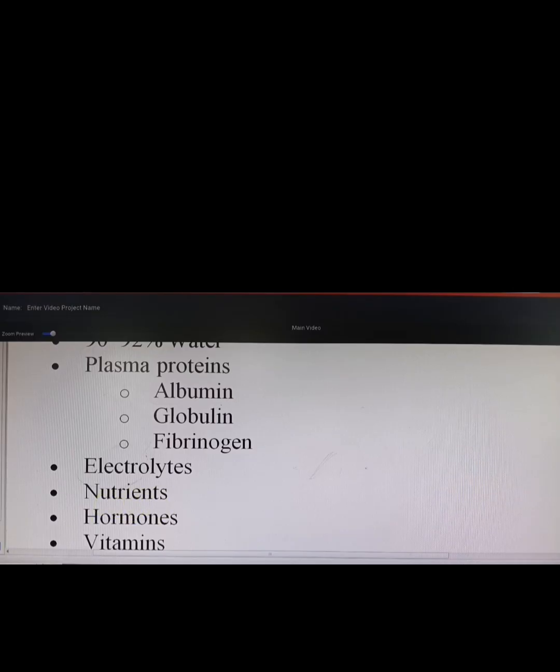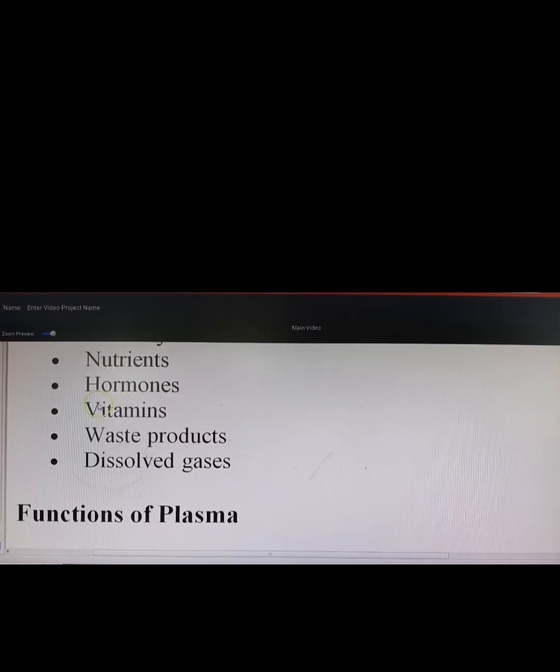And nutrients such as glucose, amino acids, fatty acids, glycerol, lipids. Next one is hormones, like insulin, glucagon, thyroxine, cortisol, estrogen, progesterone, testosterone.